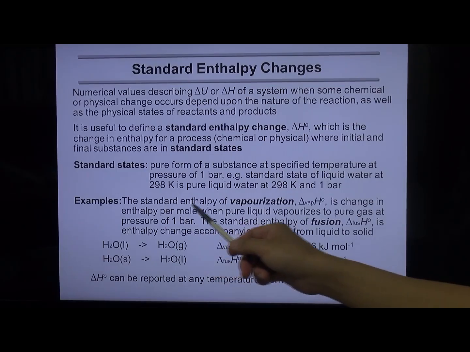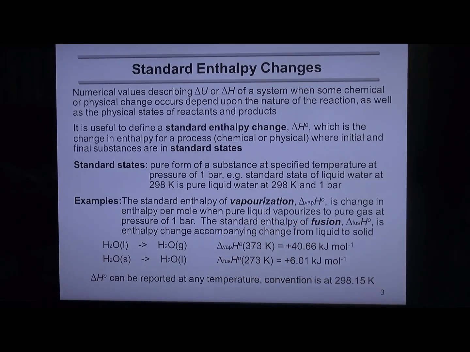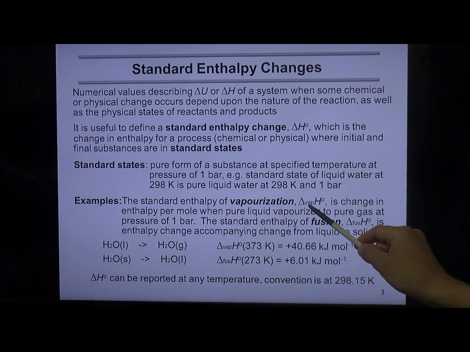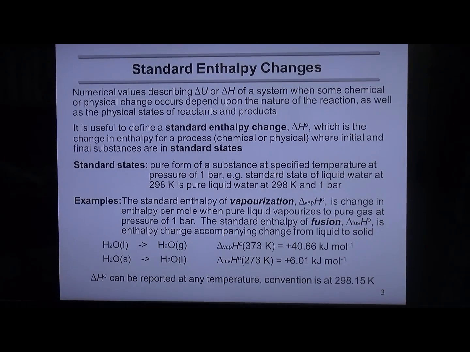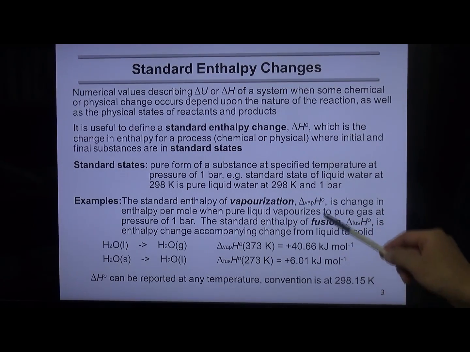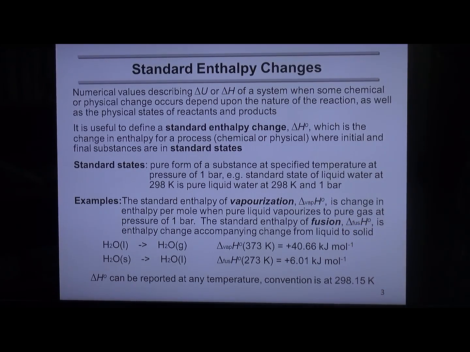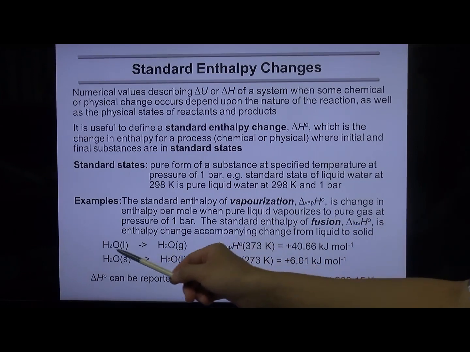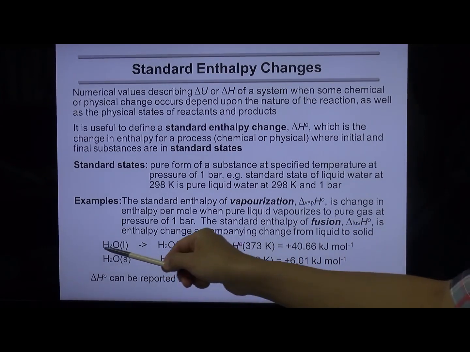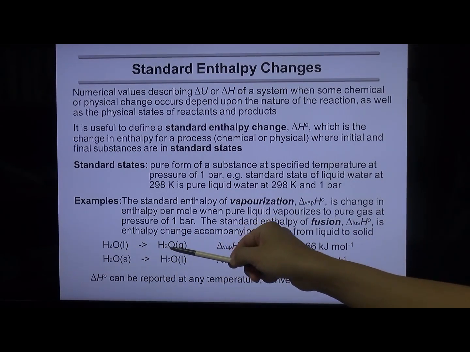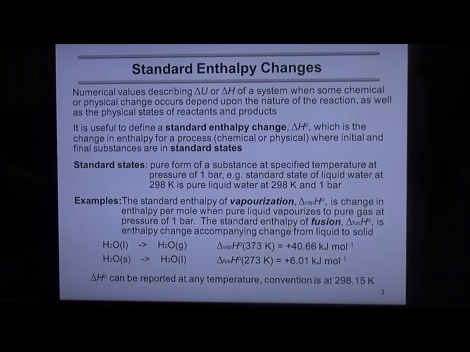How about standard enthalpy of vaporization, denoted as delta vap H naught. It's basically standard enthalpy change during vaporization. Okay. For example, for water H2O, if liquid state water vaporizes to vapor state, gas state H2O, there will be enthalpy change, right?